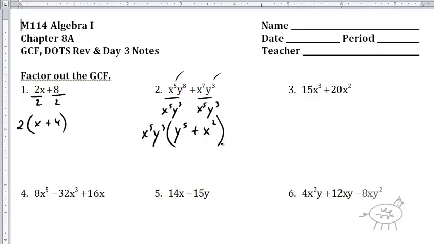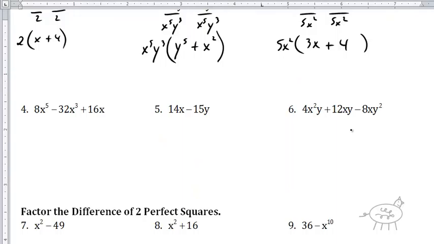All right, so the next one, I'm going to factor out 5x squared, and you get inside the parentheses 3x plus 4. Okay, so far so good. What goes into 8, 32, and 16?